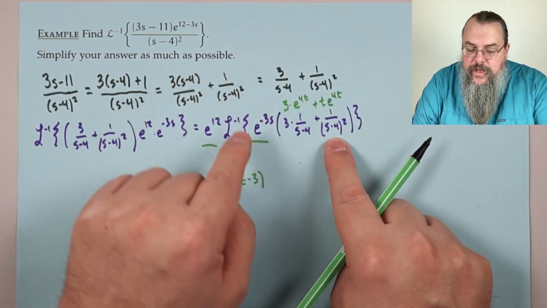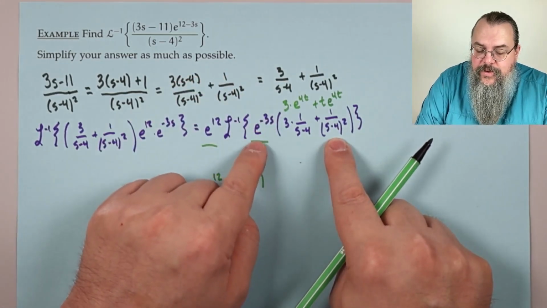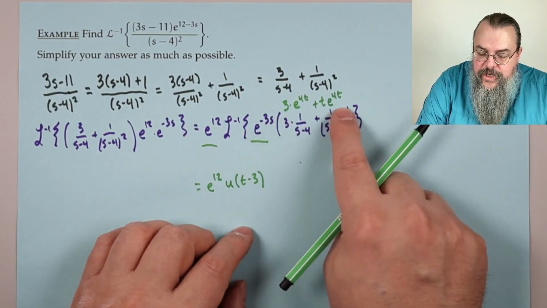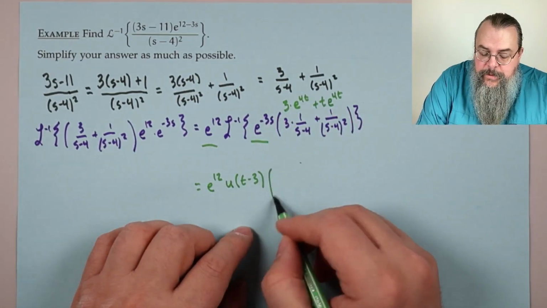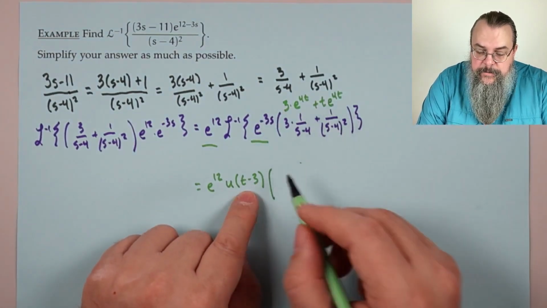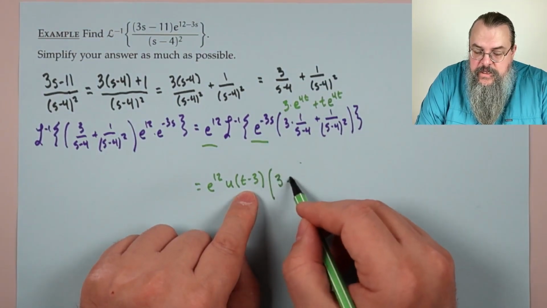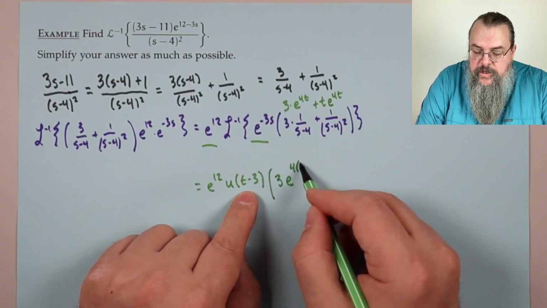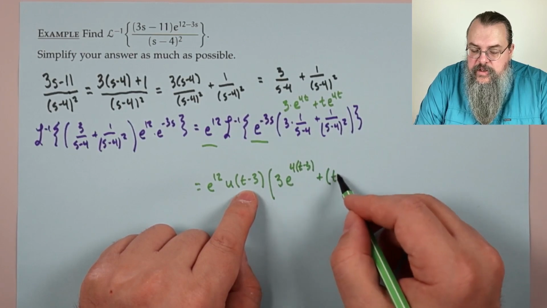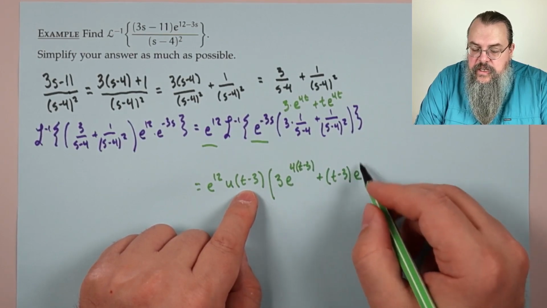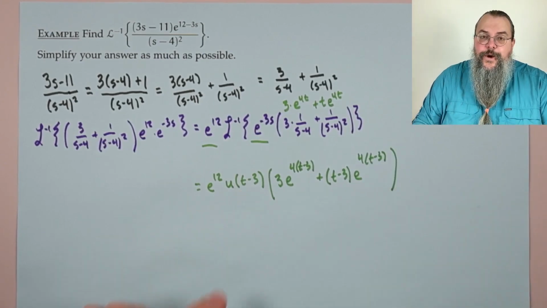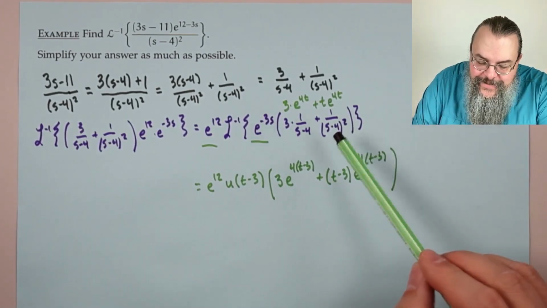And now we say, all right, because we see this e to the minus 3s, we're going to take this whole expression, and everywhere we see a t becomes t minus 3. So we have 3 e to the 4 times (t minus 3), plus (t minus 3) e to the 4 times (t minus 3). It's kind of interesting here.